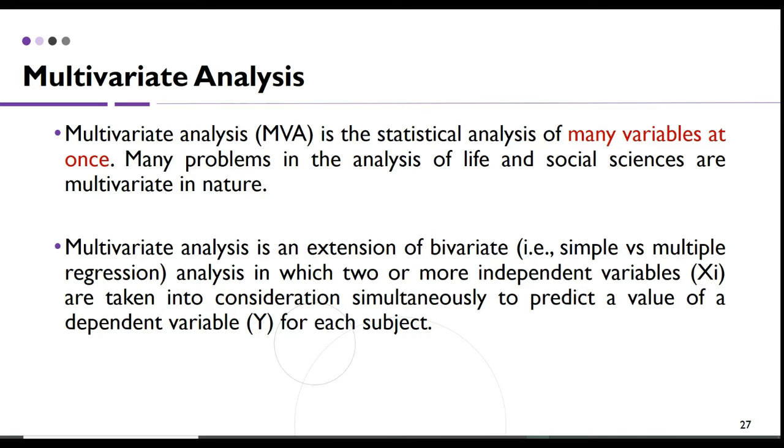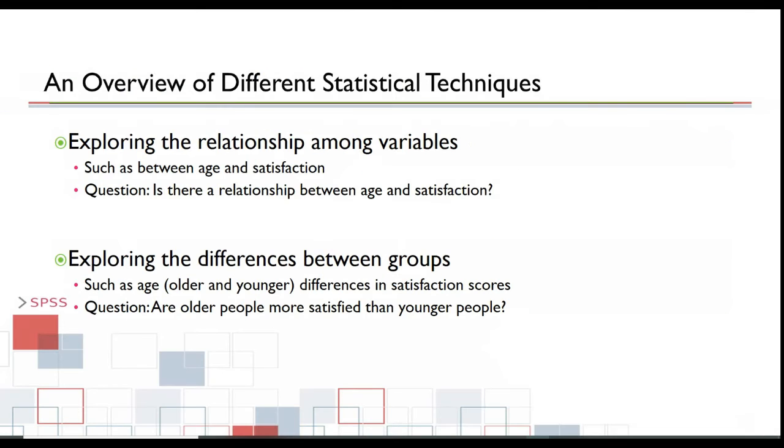So multivariate analysis is just an extension of bivariate analysis, in which two or more independent variables are taken into consideration simultaneously to predict a value of a dependent or more than one dependent variable for a specific subject. Okay, so these are the differences between multivariate and bivariate analysis.